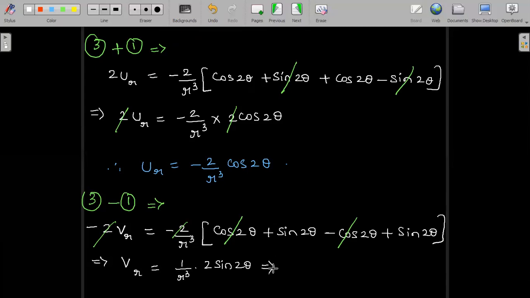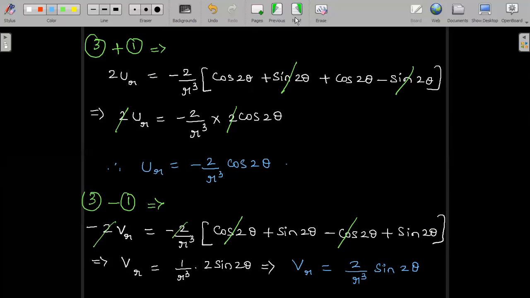And this is one and the same as writing the expression for Vr as 2 divided by r cube sin 2 theta. And it's a positive one. Let us observe this is positive value. The minus outside got cancelled with the left hand side minus. So these are the expressions for Ur and Vr.